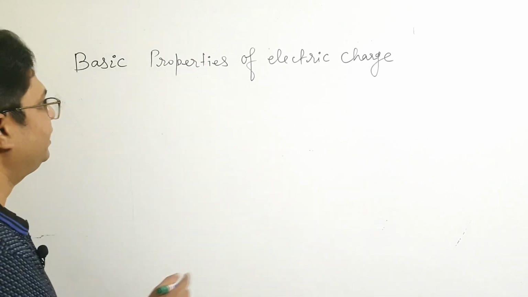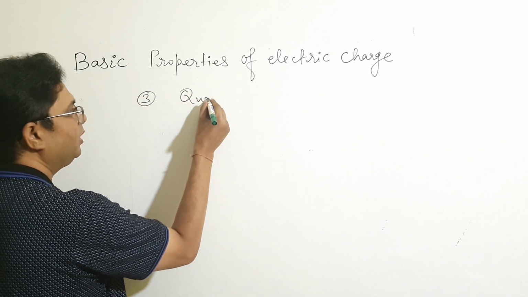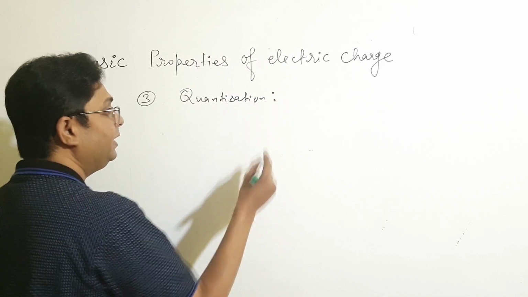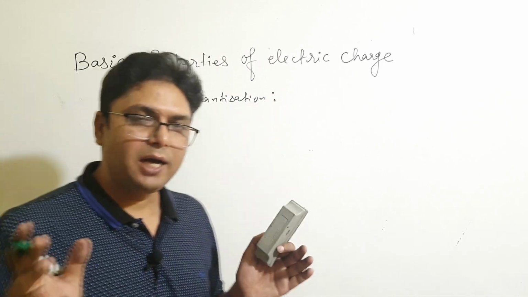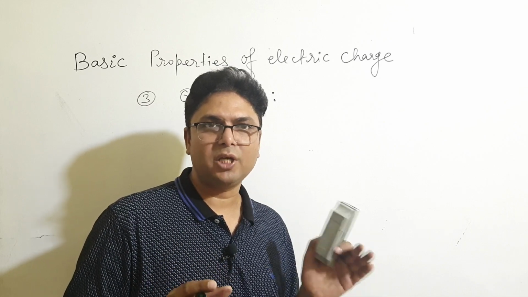Now the third property is quantization. Quantization means charge always occurs in integral multiples of the basic charge e.